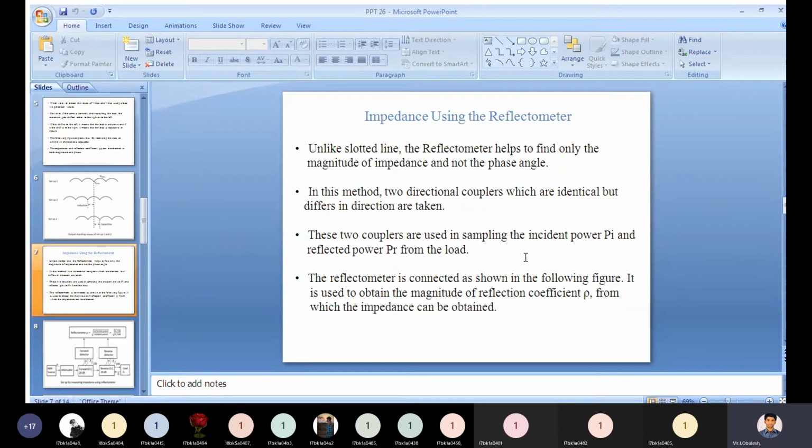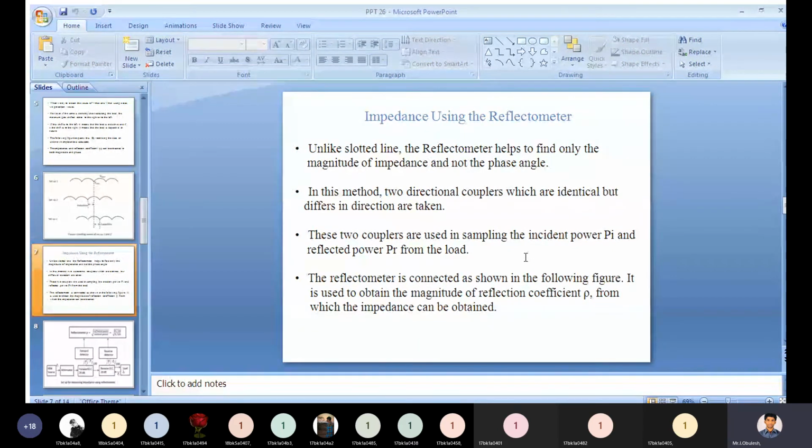So in this method, we have two directional couplers which are identical but differ in direction. So these two couplers are used in sampling the incident power Pi and reflected power PR from the load.